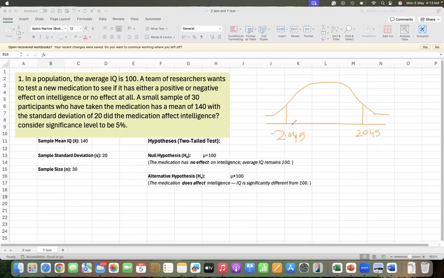Now, how did this come? At 95% interval, the only thing different here from the z-test is that the degree of freedom is required. We have discussed degree of freedom there. This value can come from the table, and we can also calculate it in Excel.